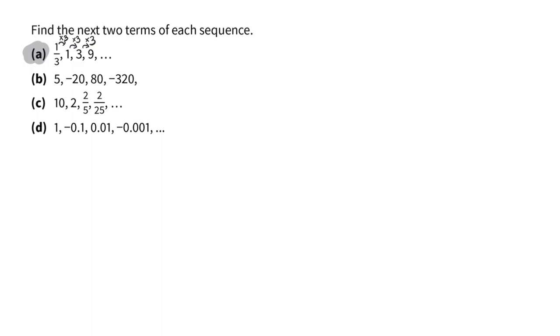And therefore, this means that for part A, the next 2 terms will be my 5th term and my 6th term. So my 5th term would then be equal to 9 times 3, 27. And my 6th term, the next second term, 27 times 3, 81.